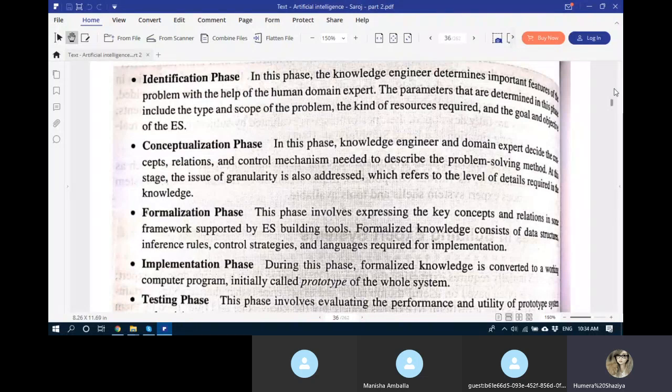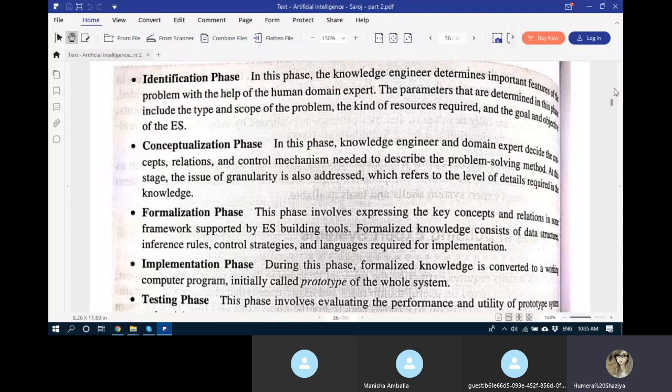And going further, you develop a computer program which exhibits the behavior of an expert. So you get a working model which is called a prototype.